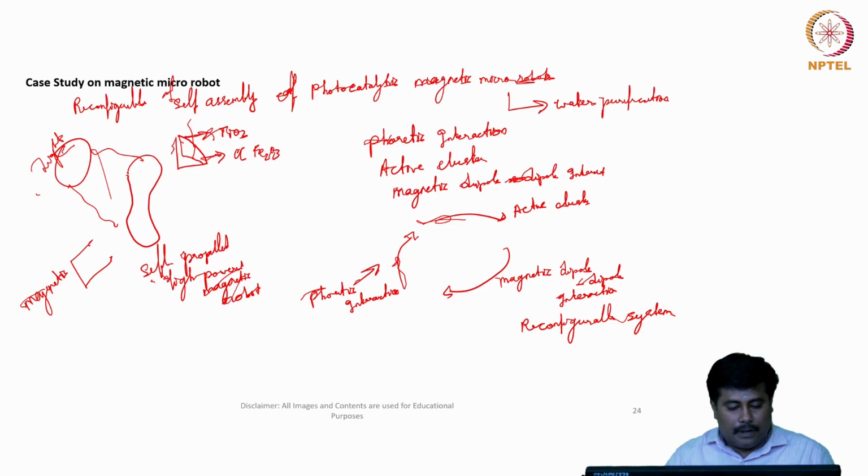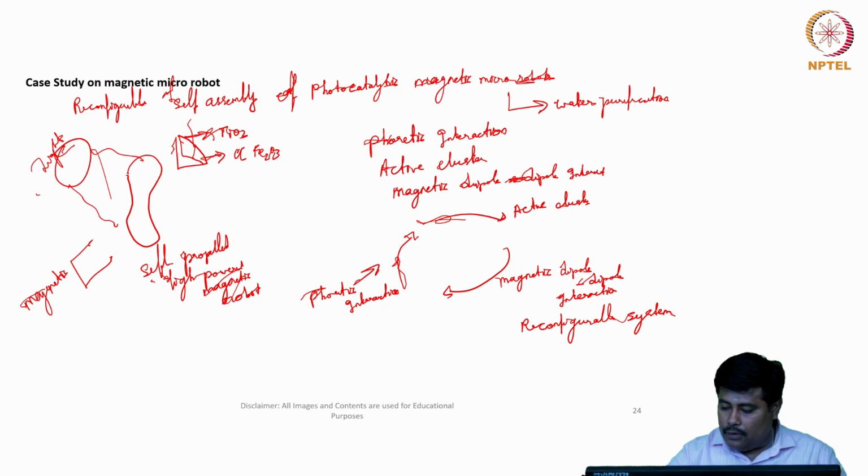As far as this particular case is concerned, it has more to do with the structure, and the orientation or self alignment of the structure is taken care of by applying an appropriate magnetic field to the system. There are two different types of propulsion exhibited over here.